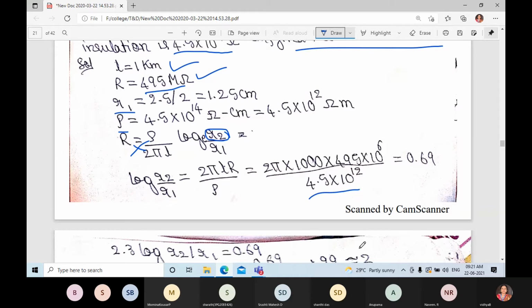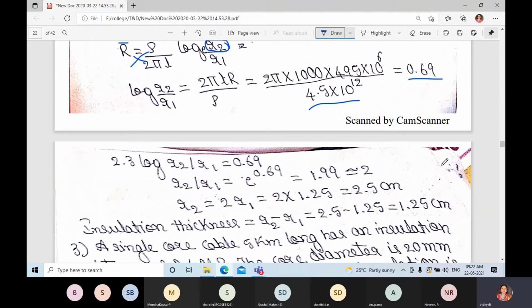Okay. So log R2 divided by R1, how much will you get? 0.69.